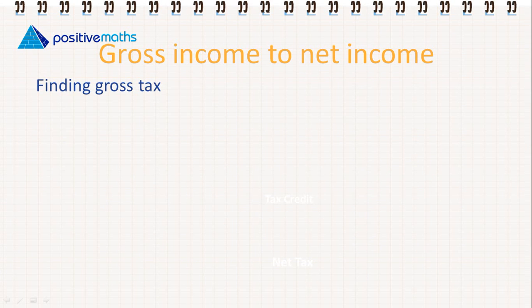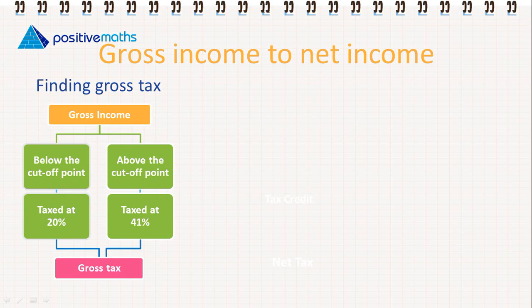So let's discuss finding gross income and net income. To find gross tax, so to find the amount of tax we should pay, it's going to be the gross income starting at the top. So we're given a gross income. Then we have the money below the cutoff point and the money above the cutoff point.